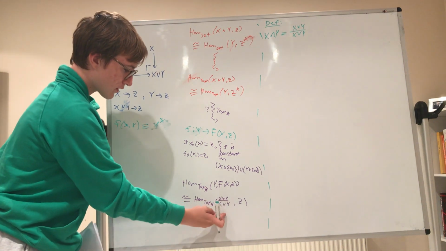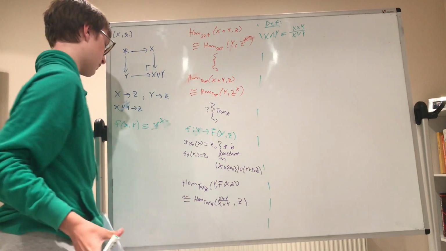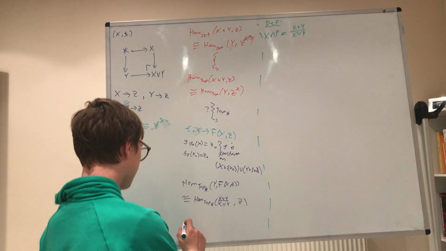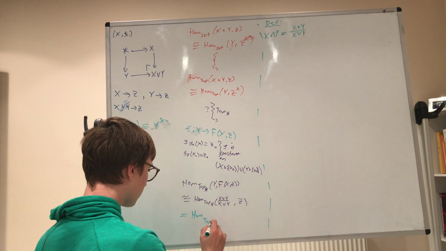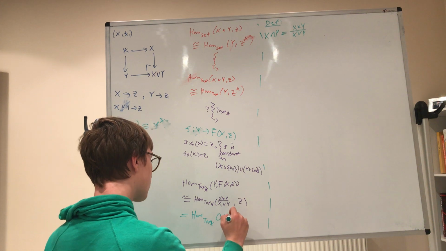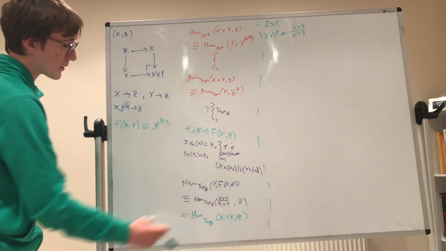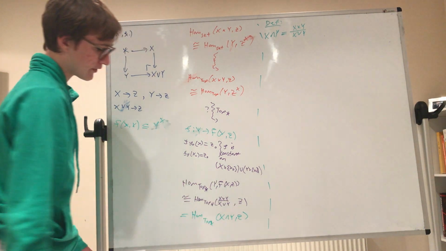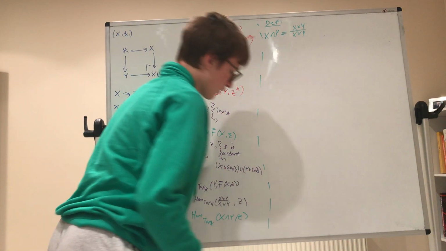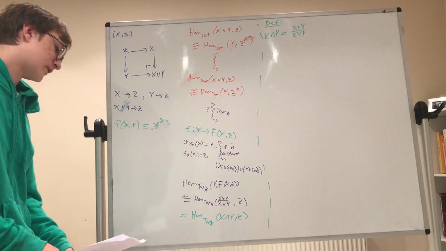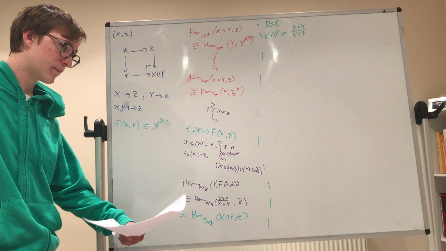So, let's replace this right here with this notation here. So, this is precisely equal to Hom Top star of X smash Y, Z. There are a few special cases of both this function space and this smash product that will be of great importance in this video. Most importantly, what we want to note is the following.